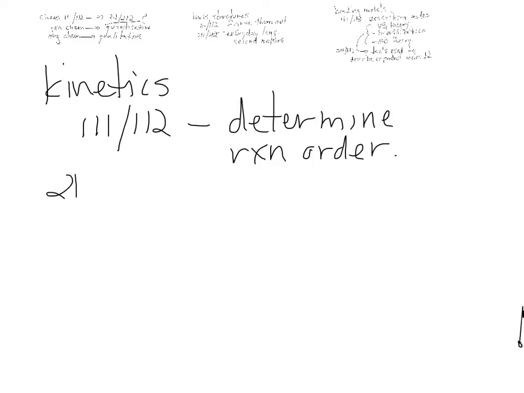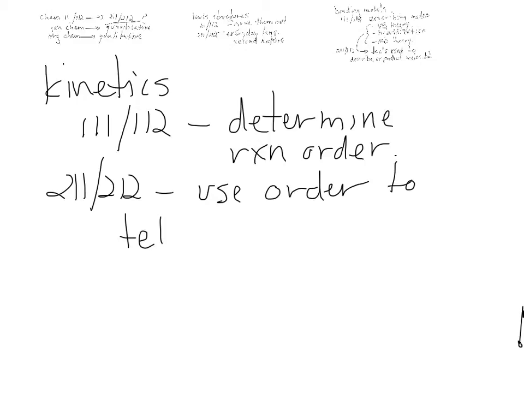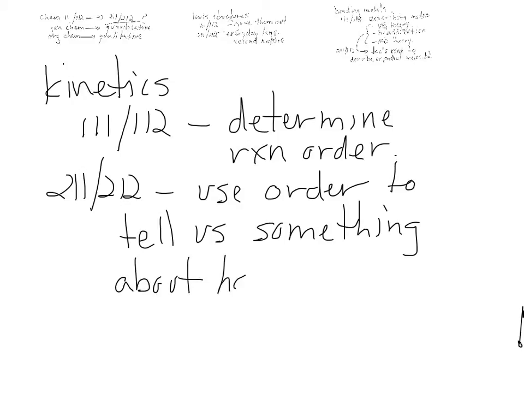In 211 and 212, we use the order. We determine orders too, but we use the order to tell us something, usually about how the reaction takes place.